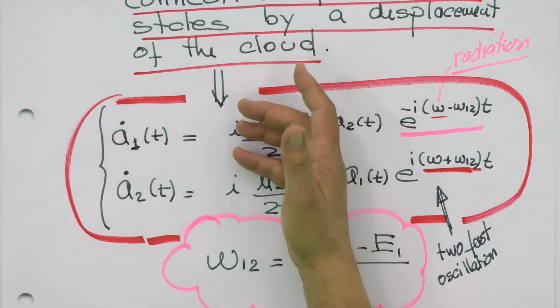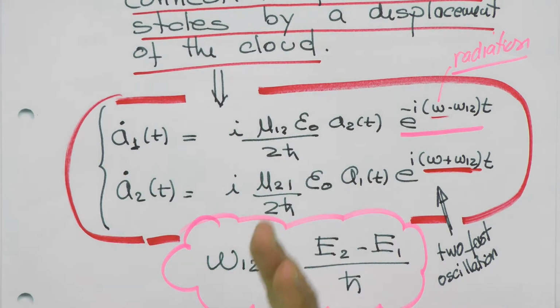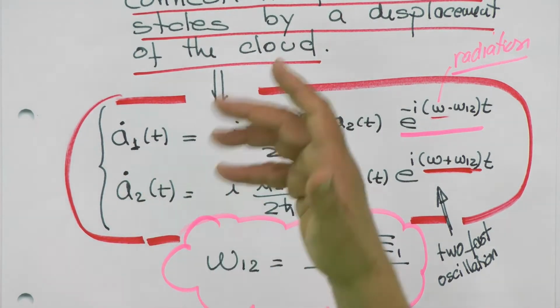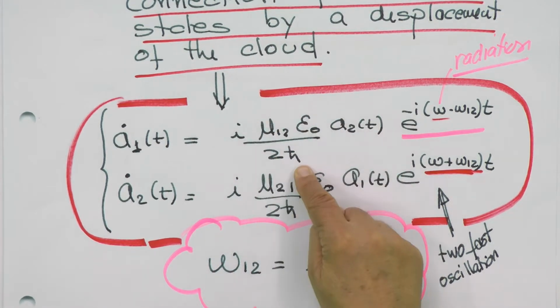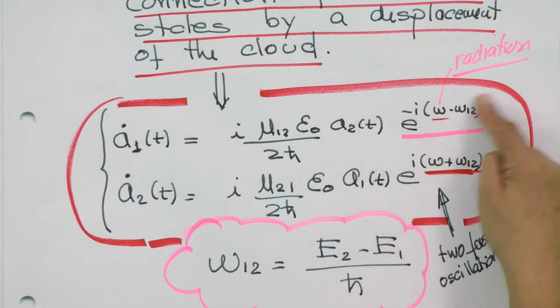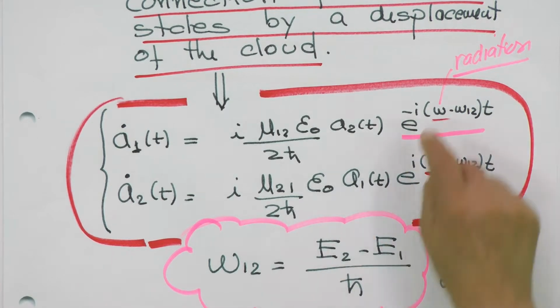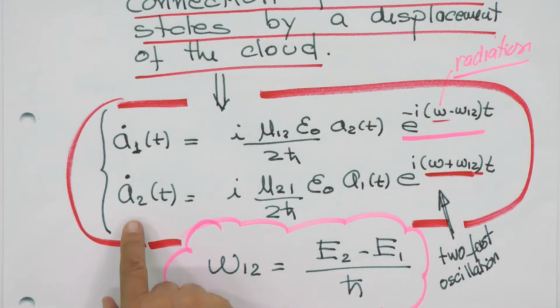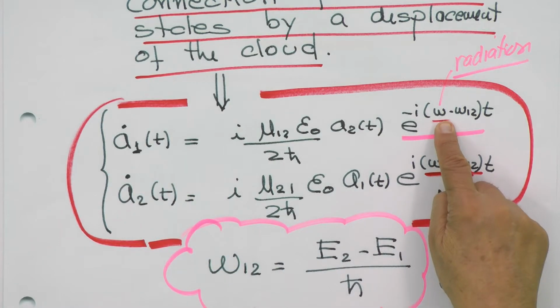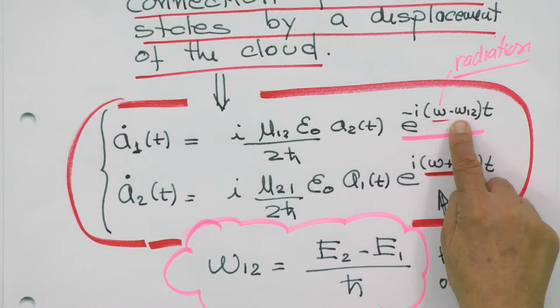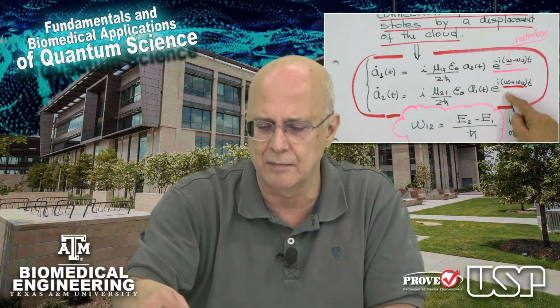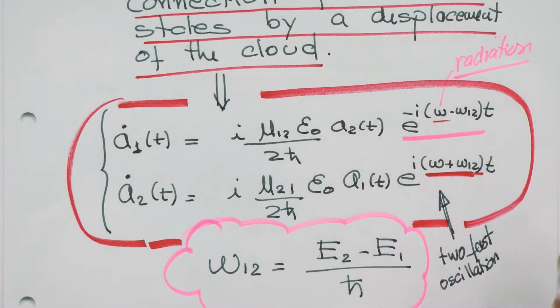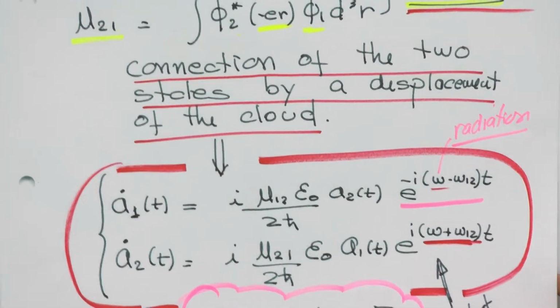A1 dot, which is the time variation of the coefficient that will determine the probability to be in level 1, is i Rabi frequency divided by 2, A2 times this oscillatory term. And this is delta. Remember, we call omega minus omega 1,2 delta, the detuning, and A2 the same, but then there is this plus here. That's a term that normally we're going to throw away.